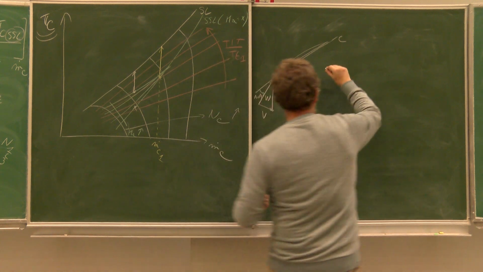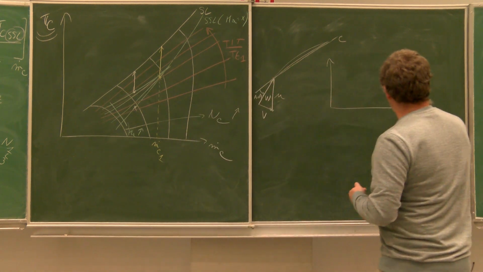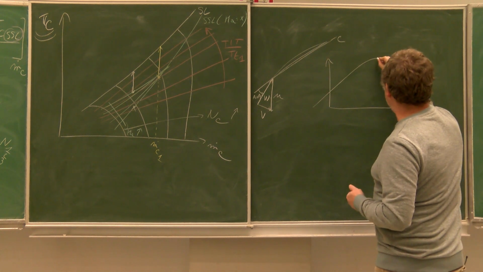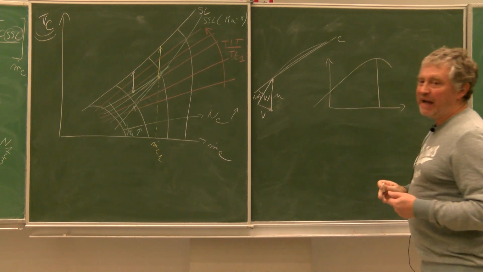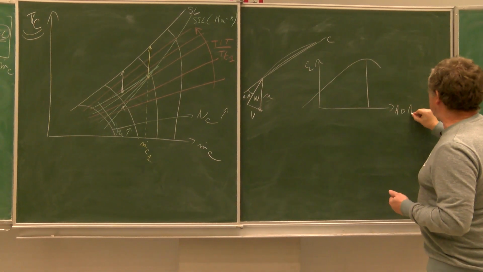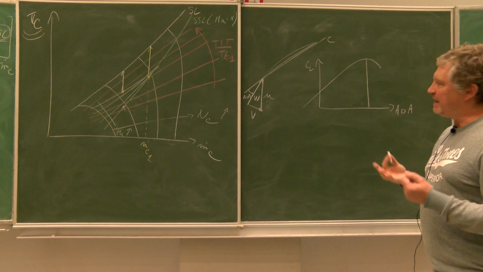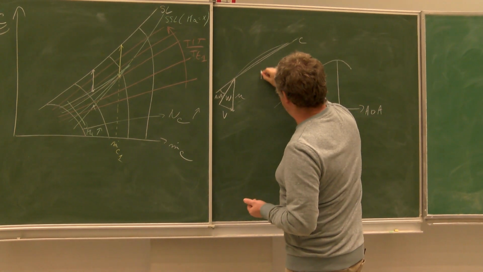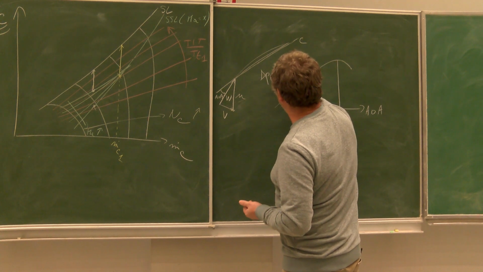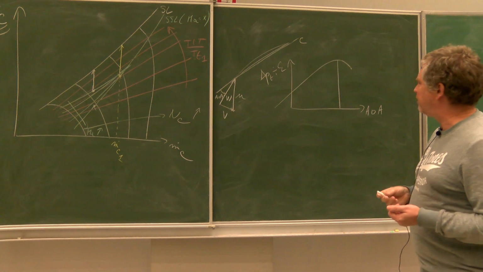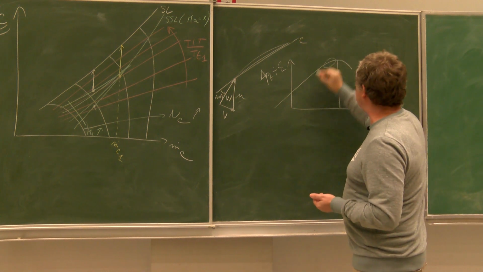And you want to work at a value of the angle of attack that is as high as possible. Why? Because the angle of attack is related to CL, and this is CL that makes the pressure ratio. The change in total pressure that you will have on the blade will be related to CL. So you want to work in this region.